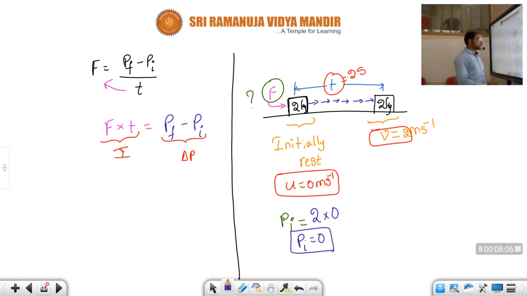What about the final condition? Final momentum Pf is equal to mass of the block 2 kg into velocity 2 meter per second. So from here what we get? Final momentum 4.